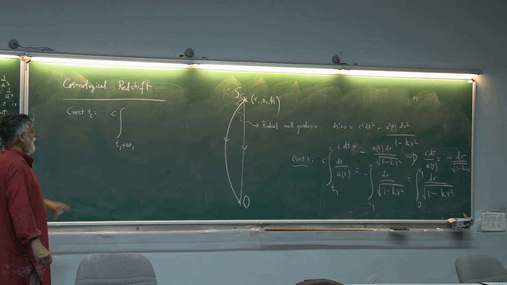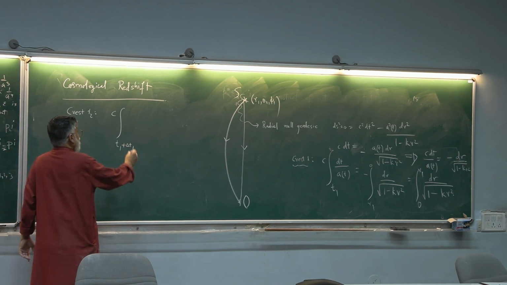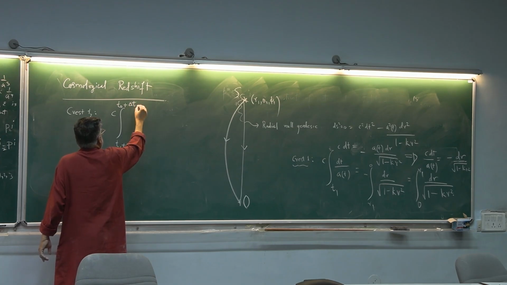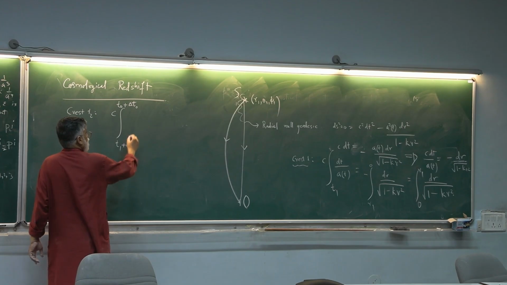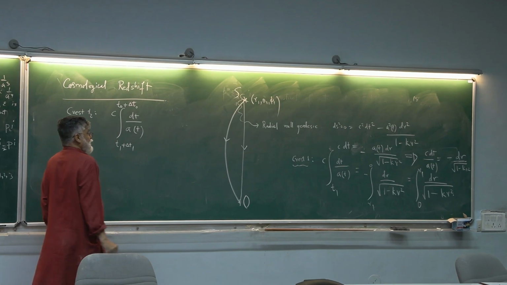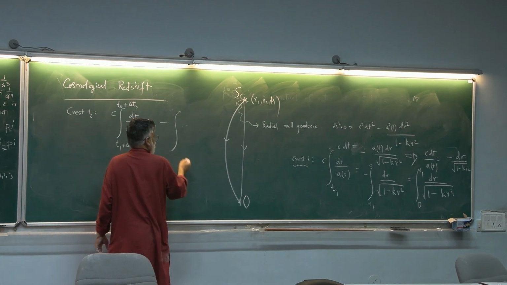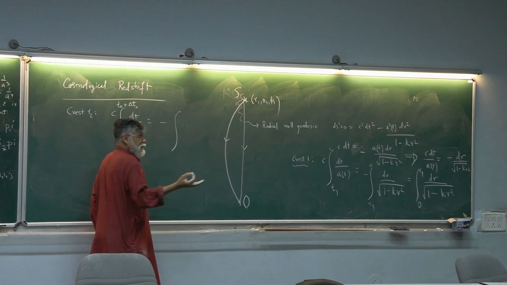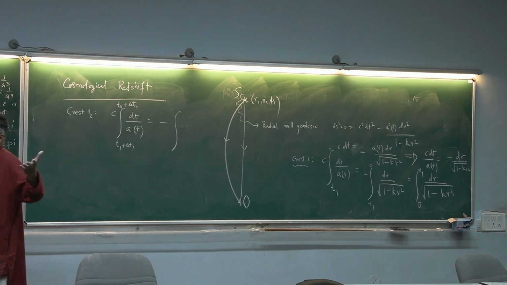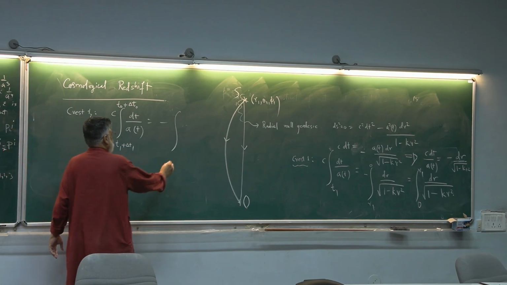It started at t1 plus delta t1 and reached at time t0 plus delta t0, dt by a of t. And what is it equal to? It is minus, where did it start from? Well, the galaxy is at rest. It is a cosmic source and we have proved isolated galaxies won't have peculiar velocity. Peculiar velocities will go down as 1 over a of t. So, assuming that the galaxy is at rest, it started from r1 only, its position has not changed.